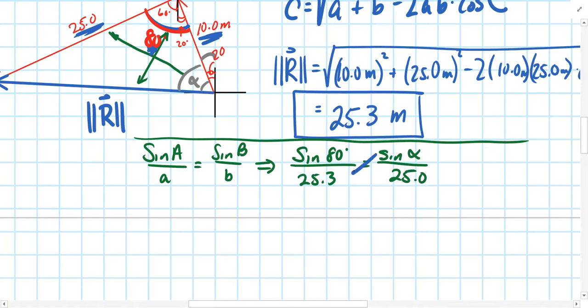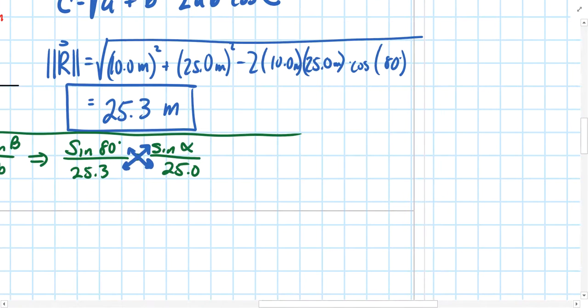Now when we cross multiply and divide, the result's actually going to leave us with sine alpha. So we know that 25.0 times sine of 80 degrees divided by 25.3 equals sine alpha.